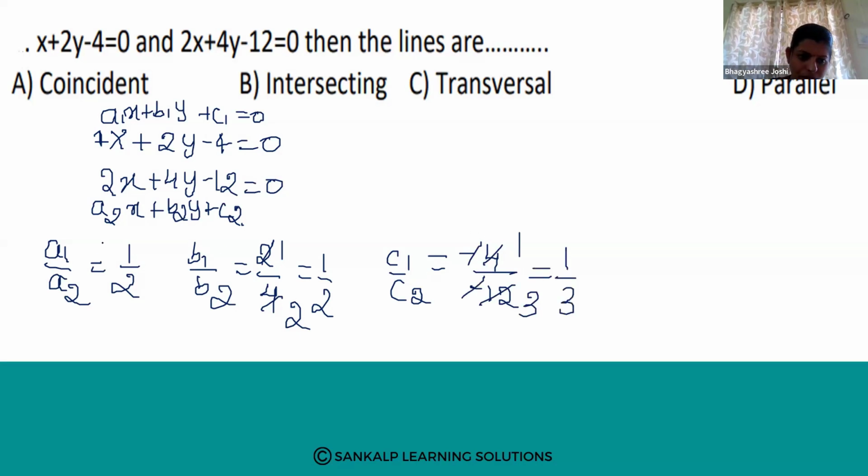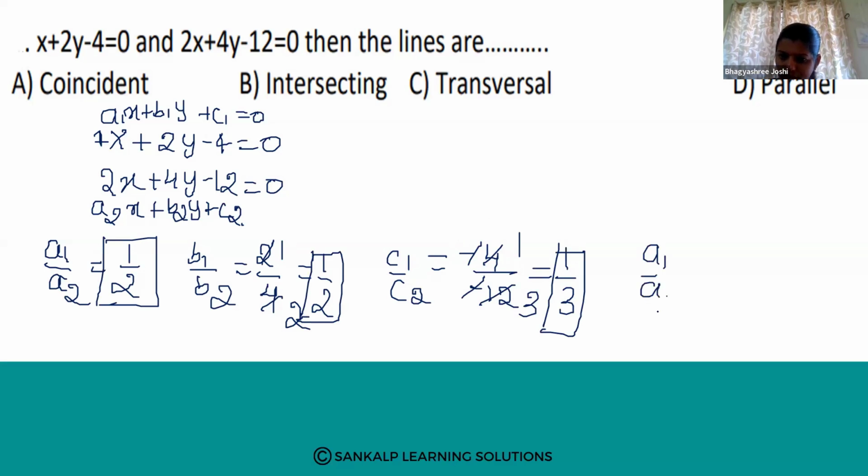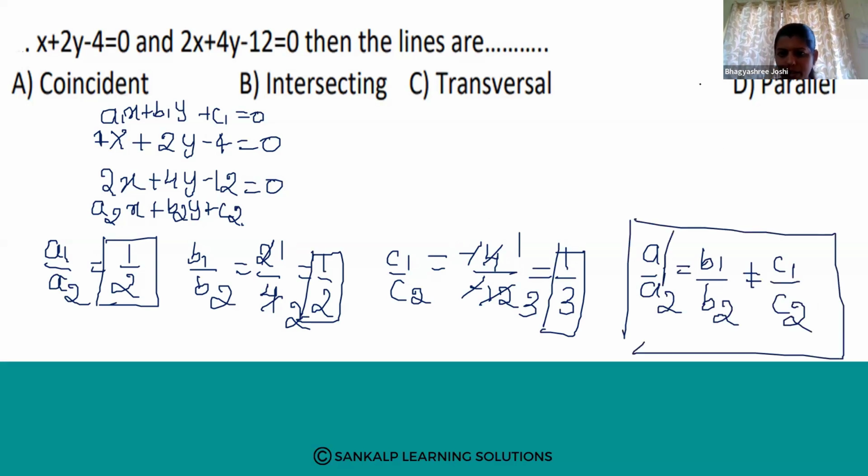That means, observe here, A1 divided by A2 is equal to B1 divided by B2, but it is not equal to C1 divided by C2. When you have this result, then the lines are parallel to each other.